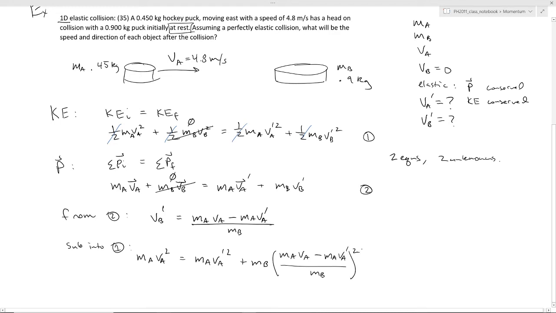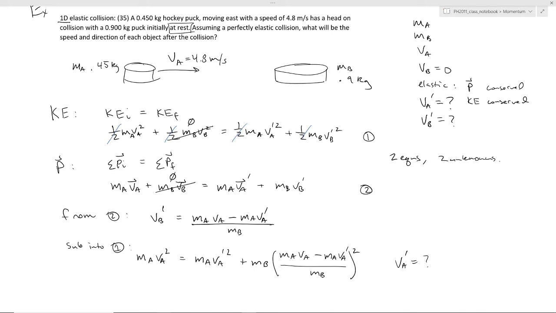And not to lose sight of our objective here, we're going to then solve this for VA prime. So notice this expression does not have VB prime in it anymore. It's all in terms of the masses, VA and VA prime.